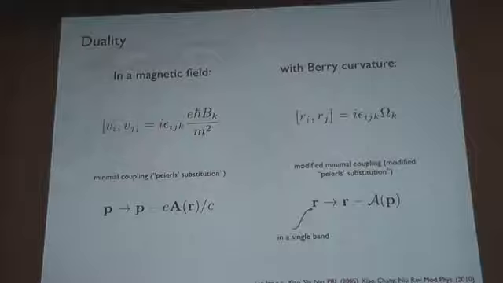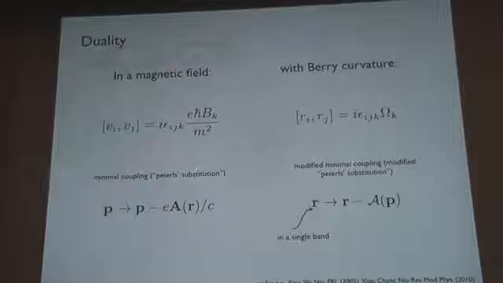You say, okay, fine. Berry curvature sounds like a magnetic field, but in momentum space. Does it do something else as well? Oh yeah, it does. Now it turns out that the position components Rx and Ry don't commute anymore, up to this Berry curvature. And again there's a modified minimal coupling, where R goes to R minus eA, where A is the Berry connection.